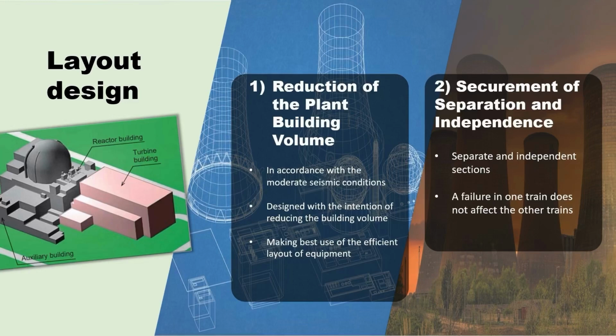In order to prevent interference between trains caused by a malfunction in one train, the sections where such features are installed must be distinct and independent. Each of the 4 trains for the US-APWR is situated in one of the building's 4 corners, realizing a sensible configuration that minimizes building size while also ensuring isolation and independence.